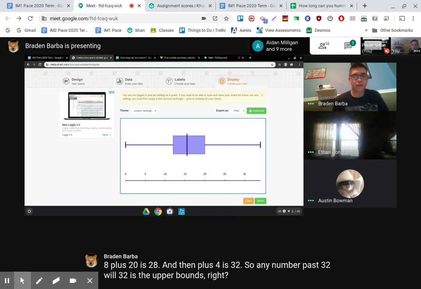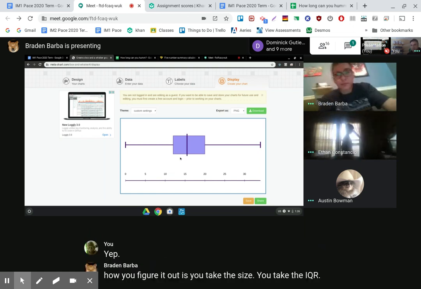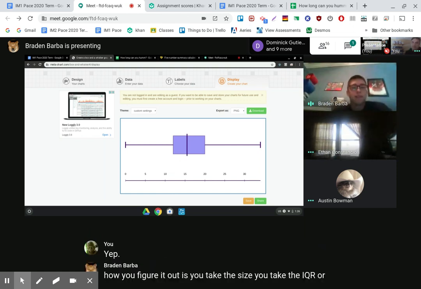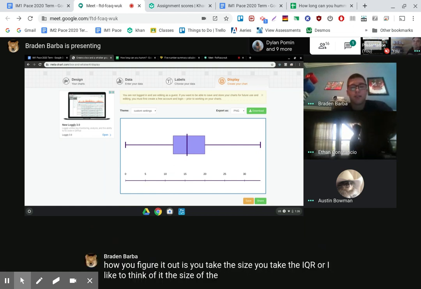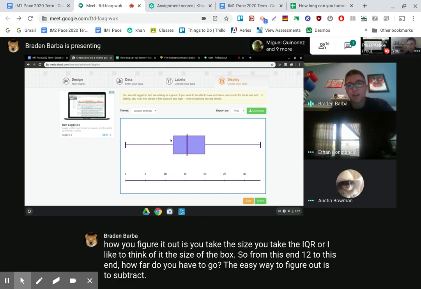Yep. And how you figure it out is you take the IQR, or I like to think of it as the size of the box. From this end, 12, to this end, how far do you have to go? The easiest way to figure it out is to subtract this from this. So 20 minus 12 is 8.